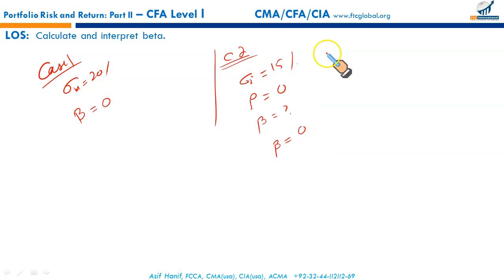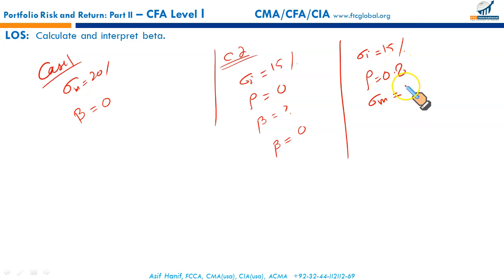And in the third case, what is the beta of an asset with a standard deviation of 15% and a market correlation of 0.8? Given that the market standard deviation is 10%, what would be the beta? We know the formula from the previous slide. Let me show you this one.